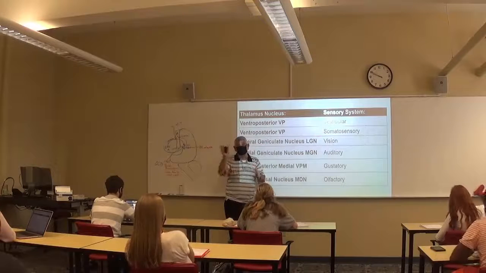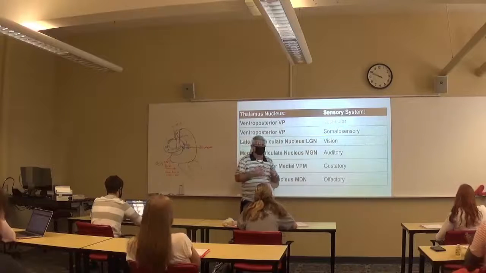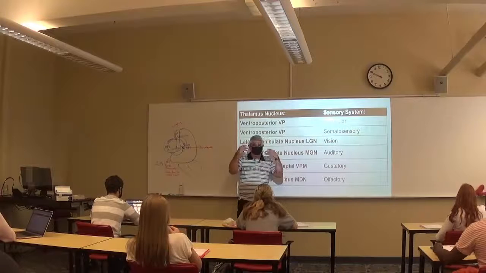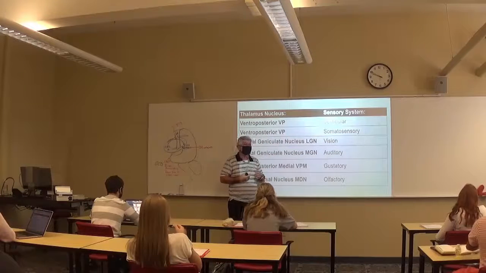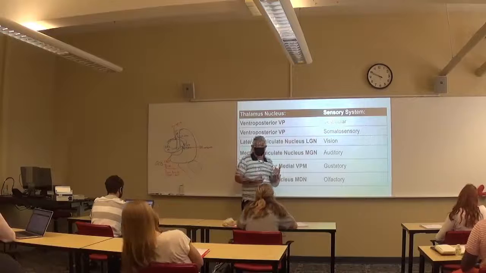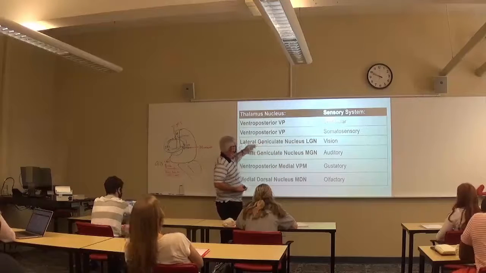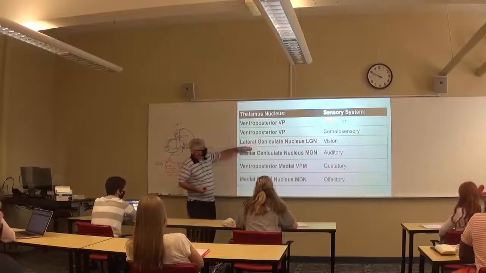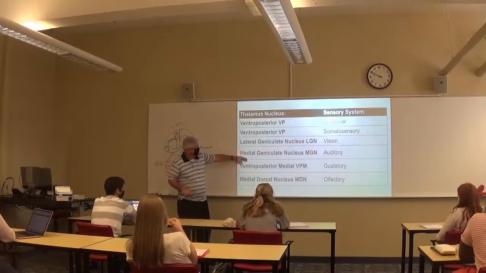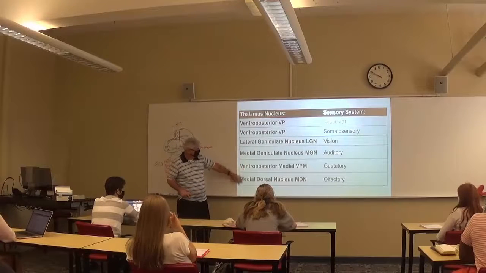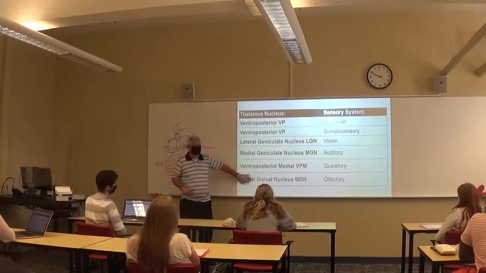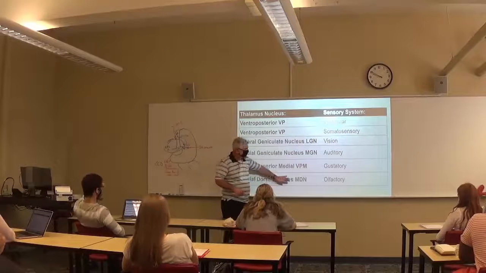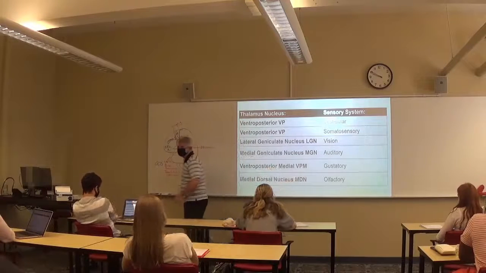It's going to the somatosensory cortex, but also to things like your superior colliculus and cerebellum for balance. LGN for vision, MGN for auditory, VPM for gustatory. I don't think I said this in class, but the thalamus for olfactory is medial dorsal nucleus.